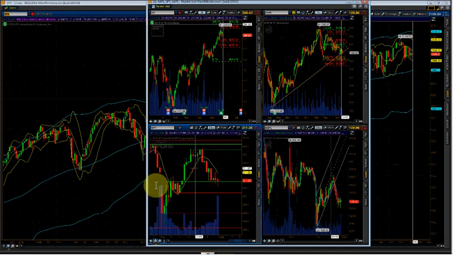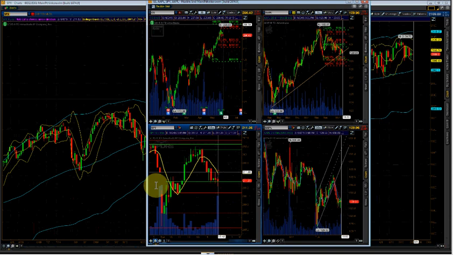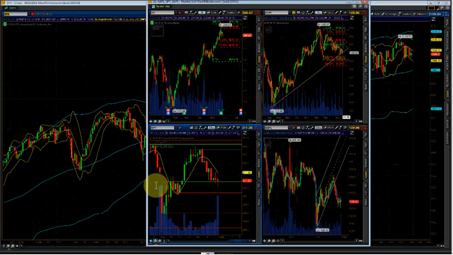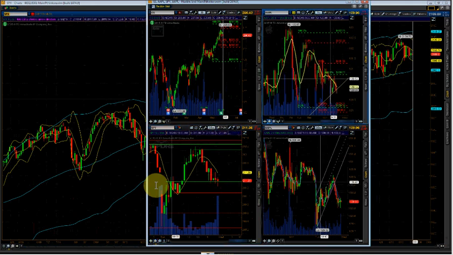Right here's the 15-minute chart for the SPY. What do you think that yellow line is? Yep, the 8 simple moving average. Got it up here on Apple 60 as well. 8 simple moving average.